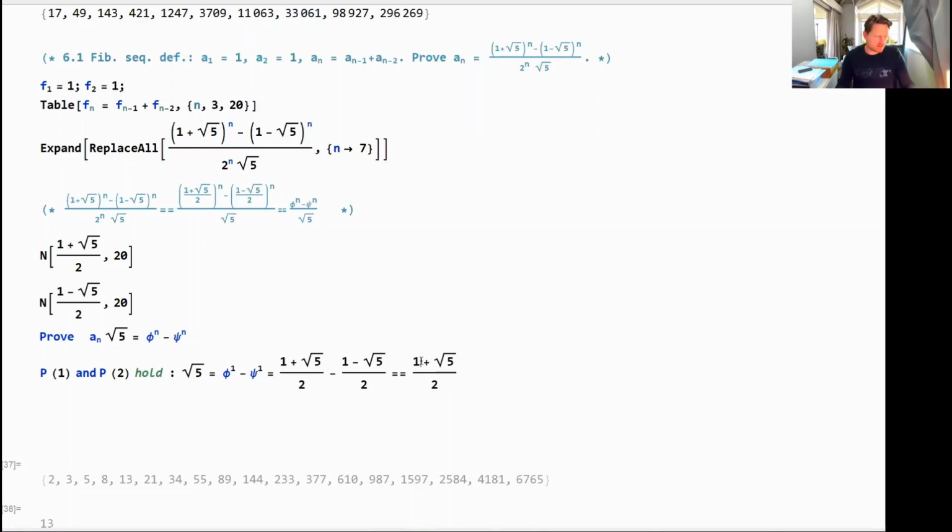So doing that, then we'll have 1 minus 1 there, and root 5 minus root 5, and that's just another plus root 5. Okay, which is 2 root 5, and then we cancel the 2's and get root 5. Excuse me. Need to drink some tea, but I'm running out. Right, so it holds for 1, and likewise you can show that it holds for 2, right? But I won't do the case for 2.